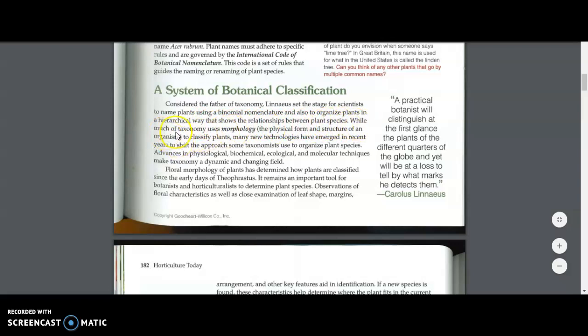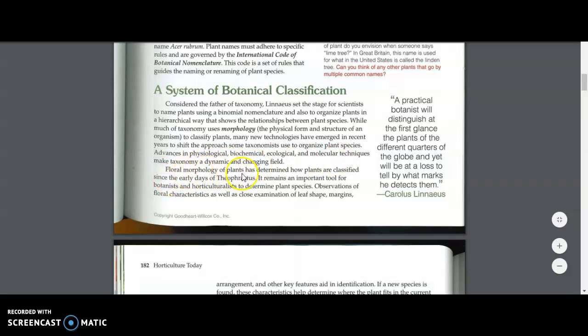While much of the taxonomy uses morphology, which is the physical form and structure of an organism, to classify plants, many new technologies have emerged in recent years to shift the approach some taxonomists use to organize plant species. Advances in physiological, biochemical, ecological, and molecular techniques make taxonomy a dynamic and changing field.